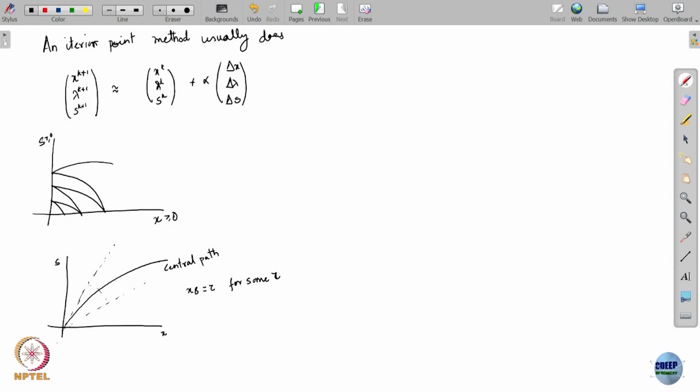As a result, the method does not zigzag or go over from a point where s is 0 to a point where one of the x's is 0, and so on and so forth.